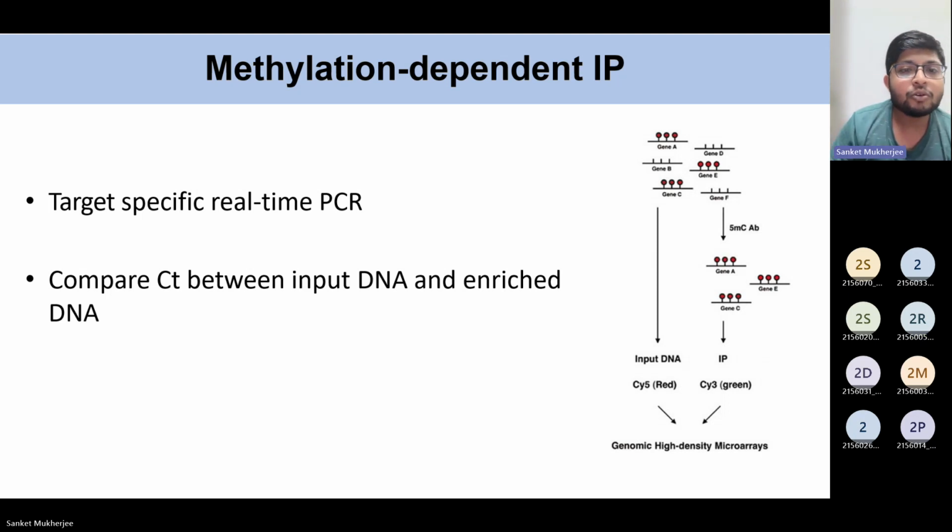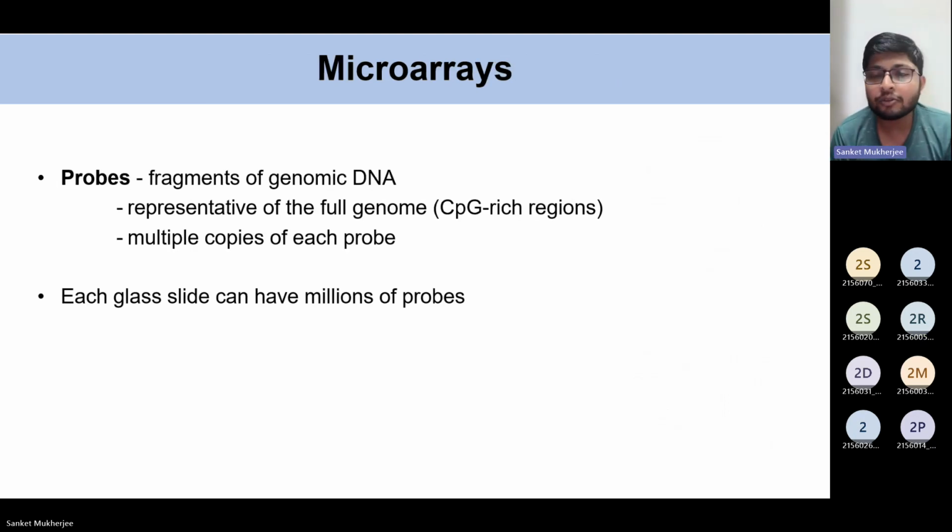So we'll talk about microarrays. Ever heard of it? This kind of question usually comes in GATE. Essentially there are probes and there are wells where we detect the hybridization of your target DNA, and then we detect the fluorescent signals. In this context, there are fragments of the genomic DNA which are used as probes.